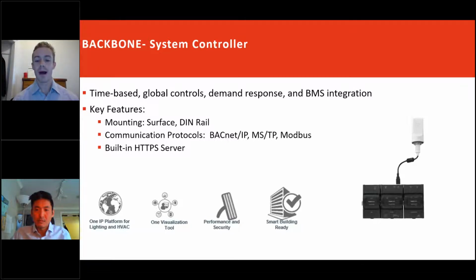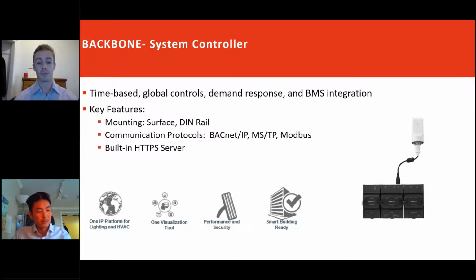One thing to keep in mind is that these system controllers do have a downstream device limitation. The piece of hardware we see up on our screen here, for example, has 750 devices. While that seems like a lot of devices, if we have multiple floors of a building, that will quickly add up.